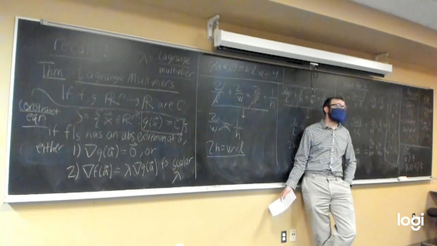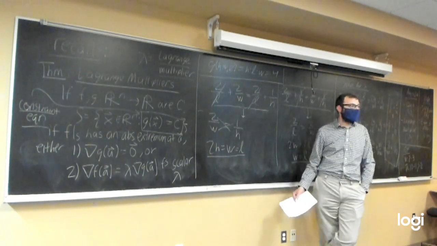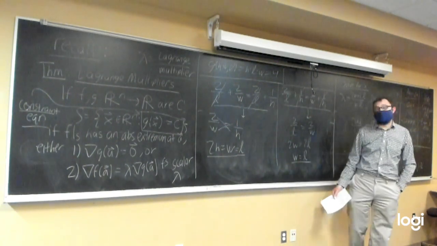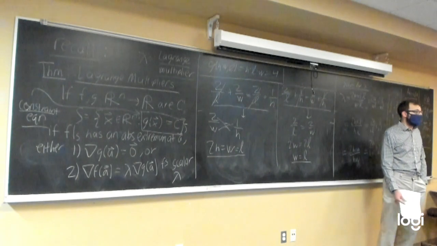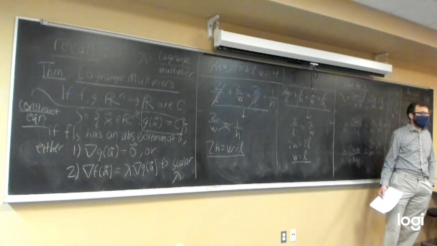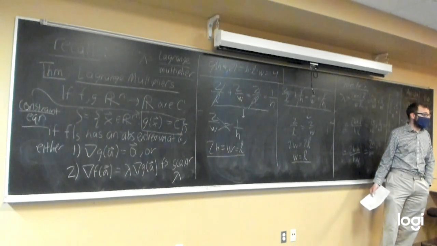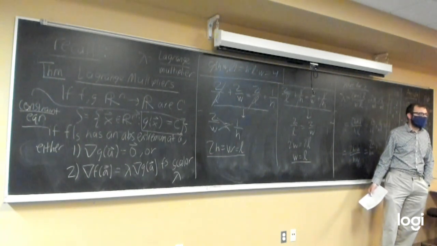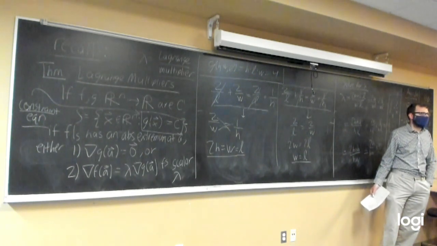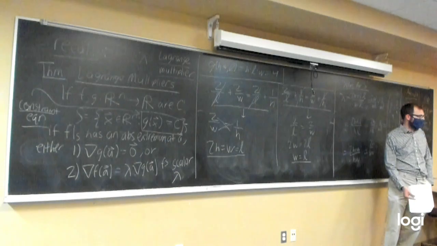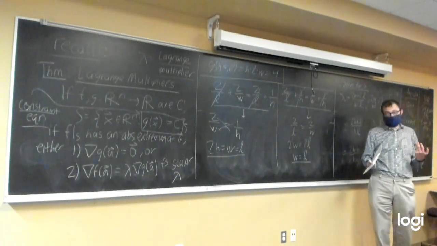In particular, there's an equation on the board that we haven't used yet in this part, at least. What equation can we use? Rob? hwL equals 4. Yeah, we can use our constraint equation.